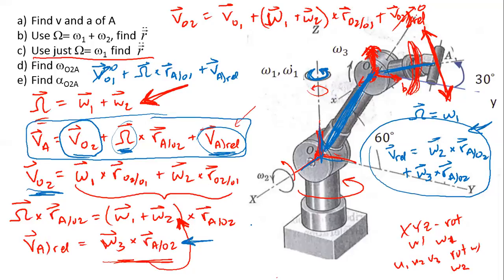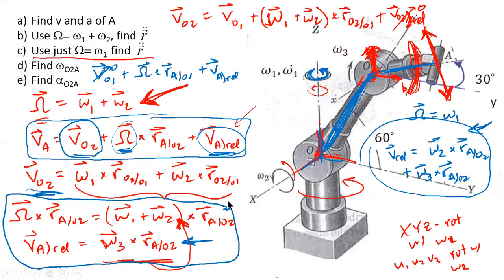So if we look at these terms, in this case, when we used both of them, here's what we got. We have our capital omega plus R A with respect to O2 is going to be this term. If I came down and I worked all that out, then my capital omega for this other term would be omega cross R_A/O2.